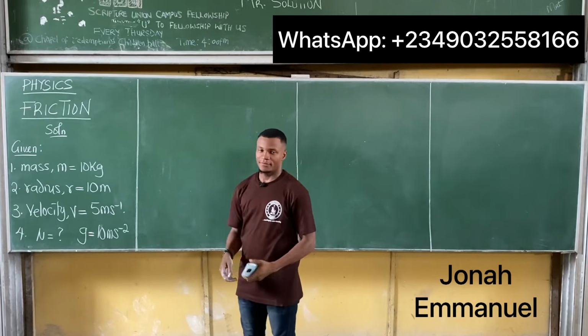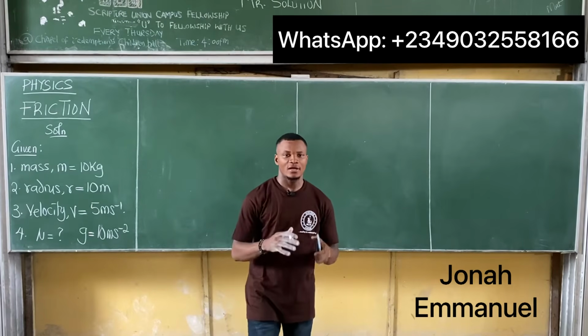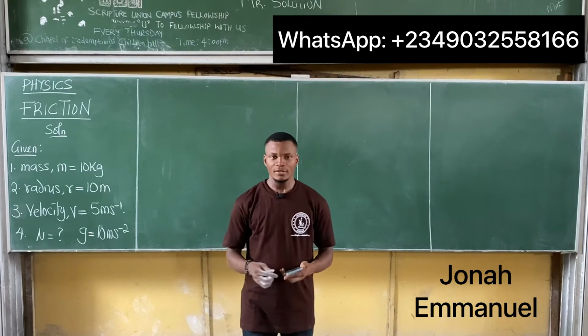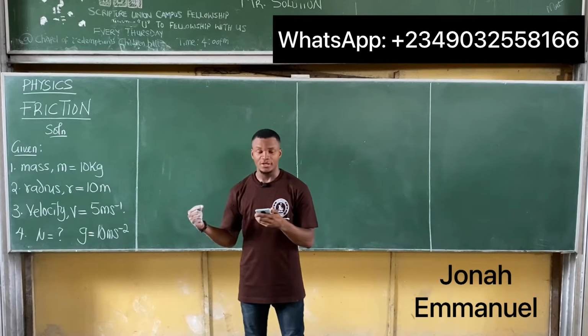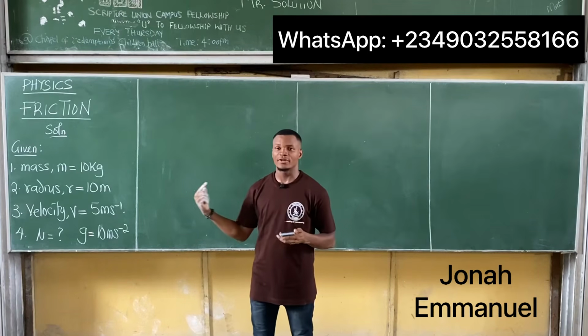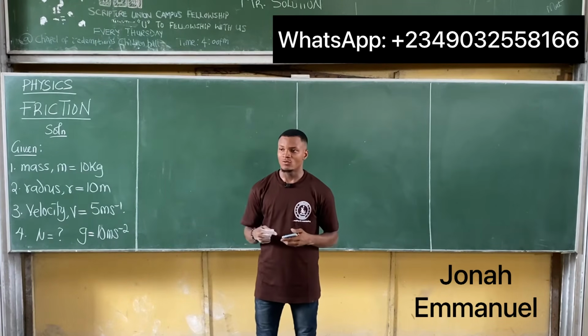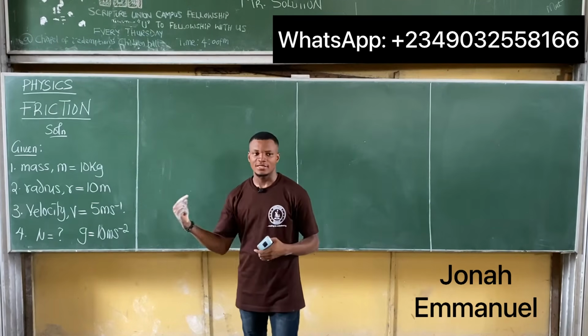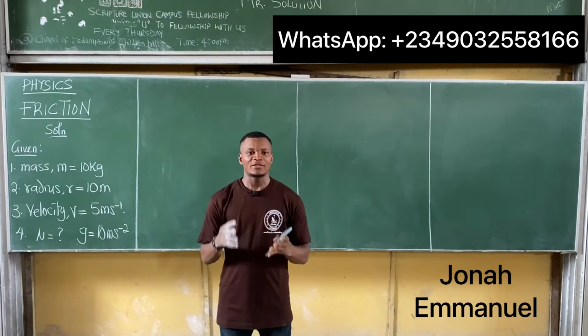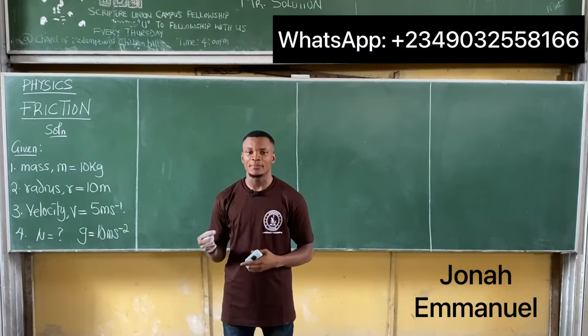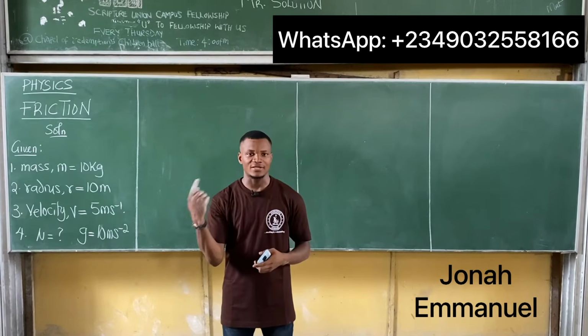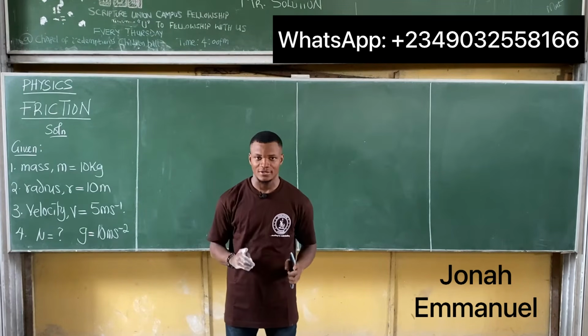So we have to find the coefficient of friction there. But here is a peculiar case. It's peculiar because this body is not just moving, but moving in a circular path. And when a body is moving in a circular path, the particular force responsible for keeping a body moving in a circular path is called the centripetal force.